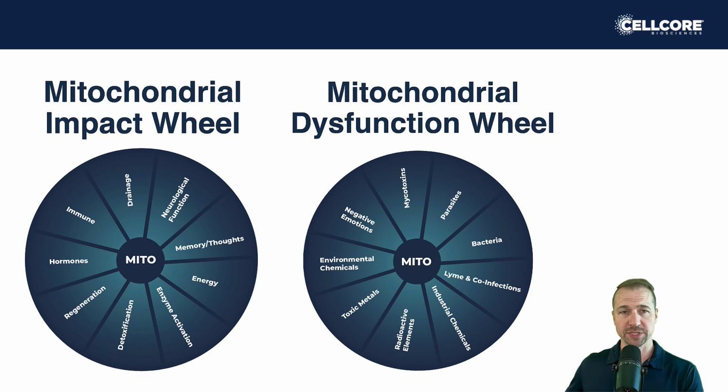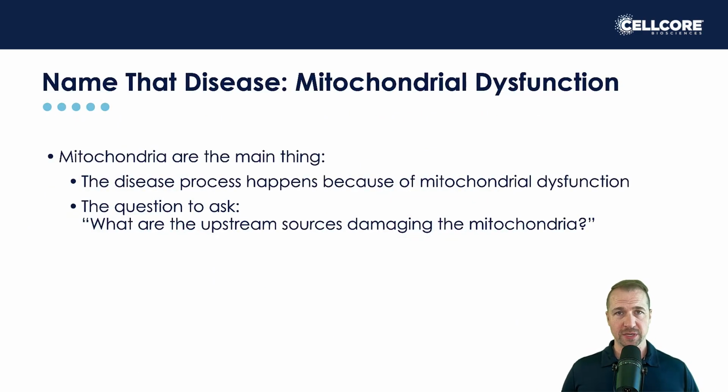So if your mitochondria function optimally, you're going to have positive impact of all those things. If they're dysfunctional, you're going to have negative impact of all those things. And this mitochondrial dysfunction wheel is giving you what are all the things that can damage and cause the mitochondria to be dysfunctional. Mitochondria are the main thing.